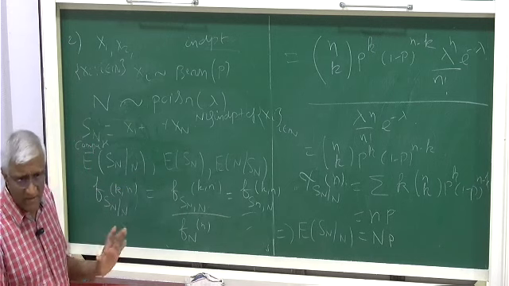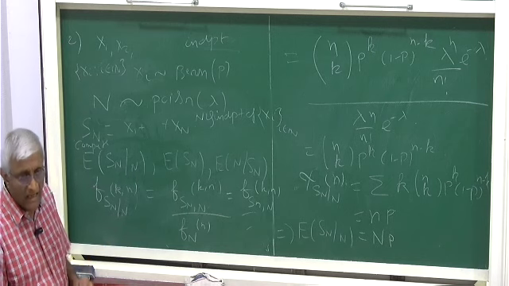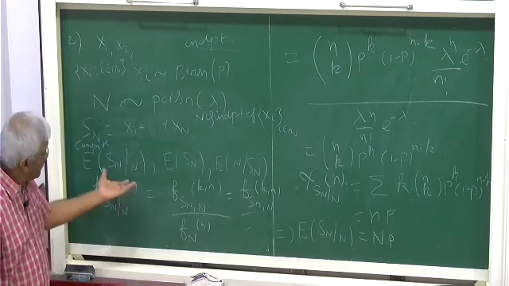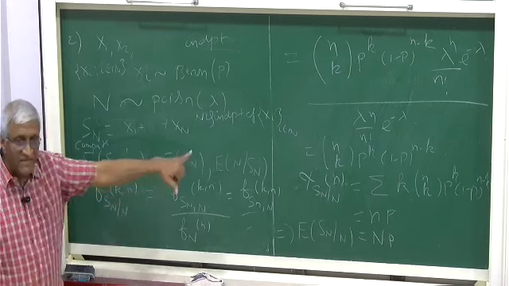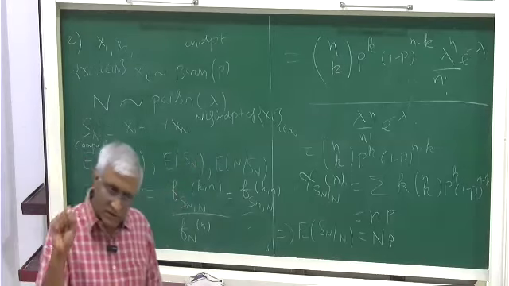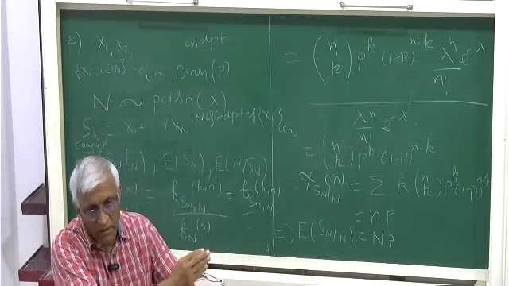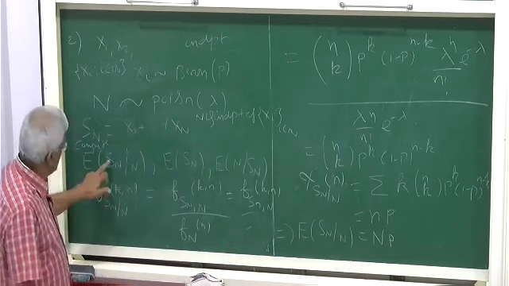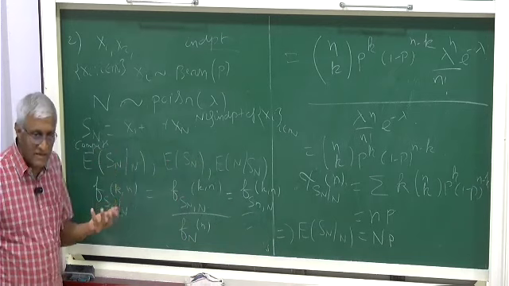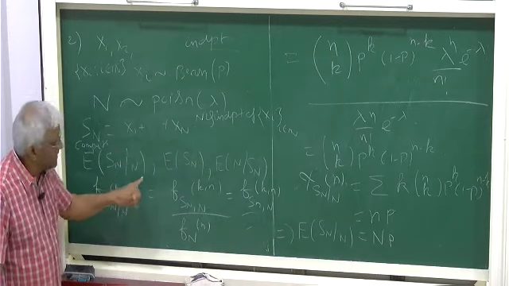Linearity means x1 plus x2 you can take out, but this is x1 up to xn, and the number of terms depends on n. So where is linearity coming from?